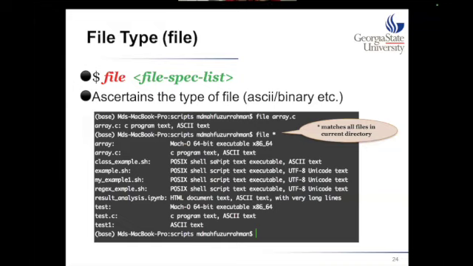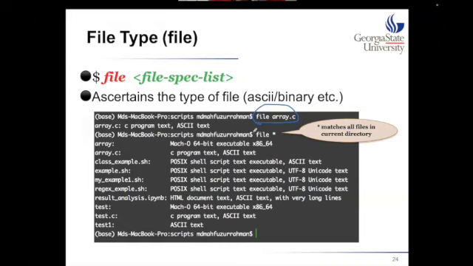Okay, so you can also see the type of file, whether it is a binary file or an ASCII file. You can easily know that by typing simply file and the name of the file, right? If you type file and the name of the file, it will show you what type of content this file contains.